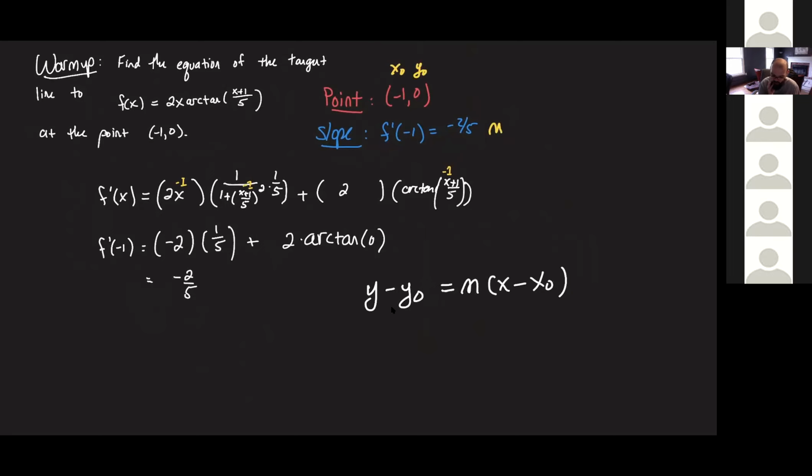So our slope is m, our x coordinate is x naught, our y coordinate is y naught, and so what we get over here is y minus 0 is equal to negative 2/5 times x minus negative 1. If we simplify this, we get y equals negative 2/5 x plus 1.